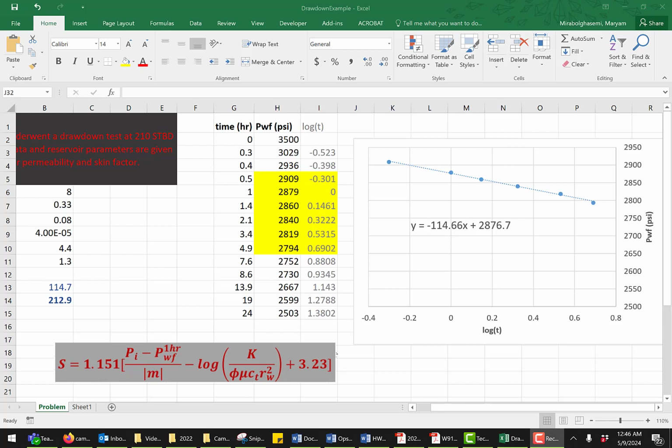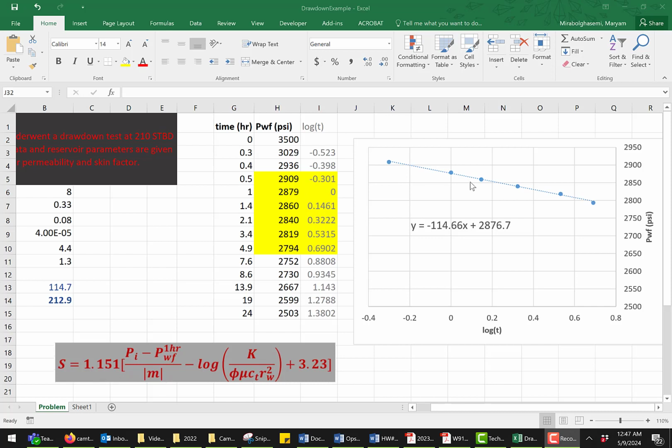It is very important that you never use the raw data, the data in a tabular format, to find the bottom hole flowing pressure at 1 hour. Because sometimes this 1 hour point might fall out of the range of data that you chose and you decided that's appropriate for the analysis. In that case, picking that pressure for 1 hour will introduce large errors and is not acceptable.